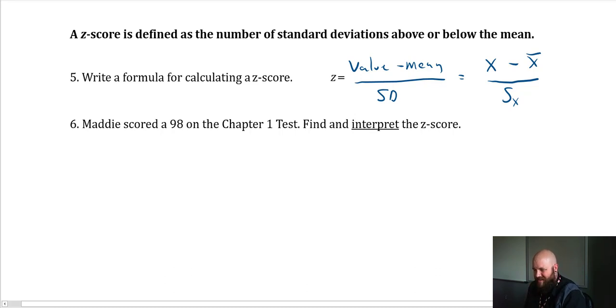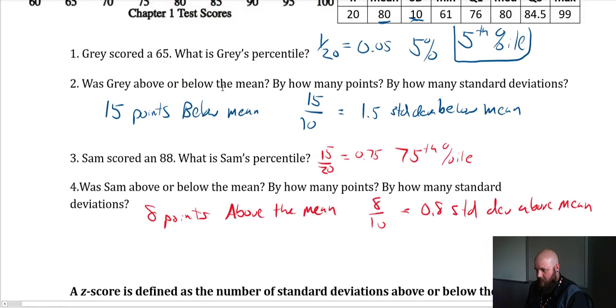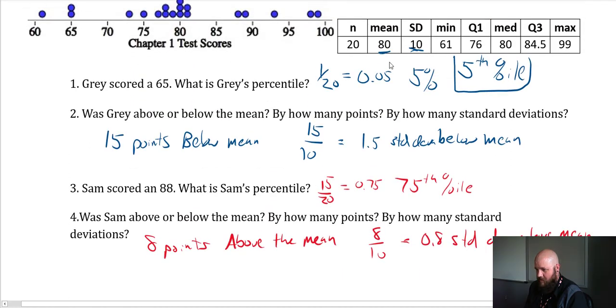So Maddie scored a 98 on a Chapter 1 test. Find and interpret the z-score. So our z-score is our value of 98 that Maddie scored minus the mean of 80 divided by our standard deviation of 10. If we look up above, remember our standard deviation was 10.